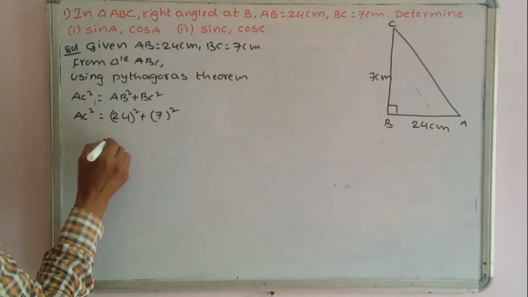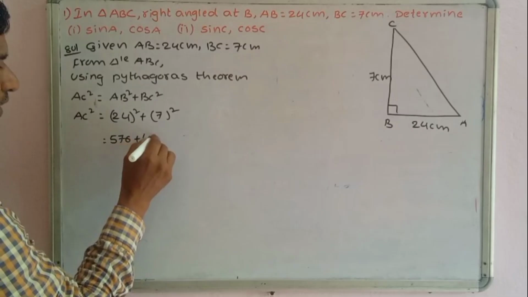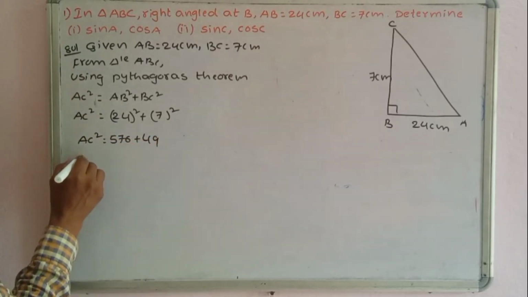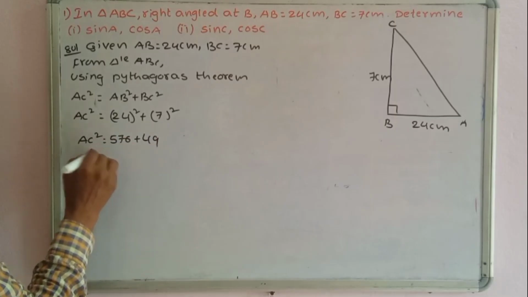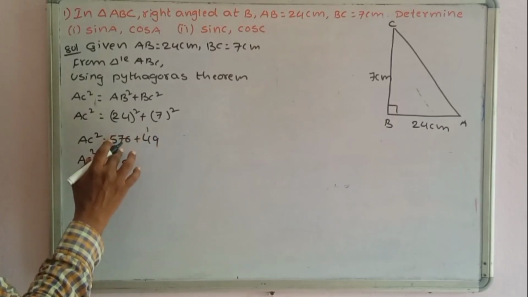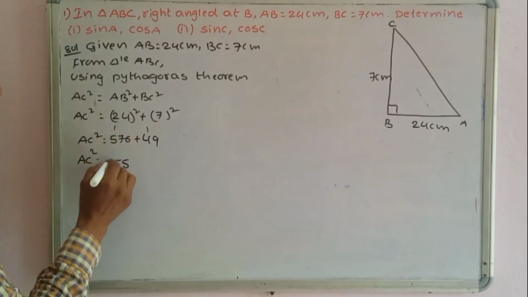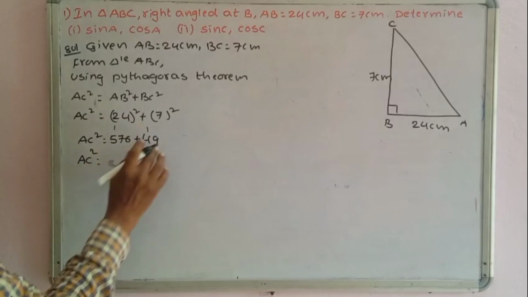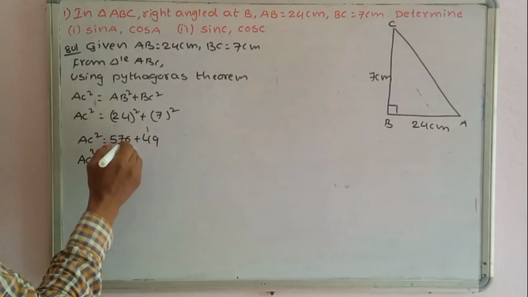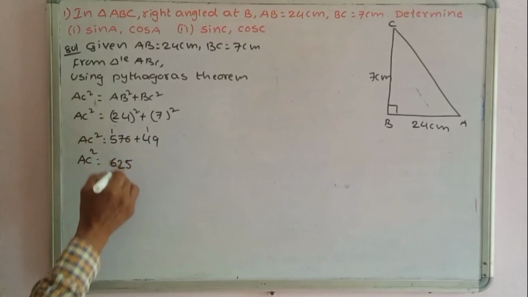So 24 square value is 576. 7 square value is 49. So AC square equals 576 plus 49. 9 plus 6 is 15, 1 carry, 1 plus 4 is 5, 5 plus 7 is 12, 1 carry, 1 plus 5 is 6.